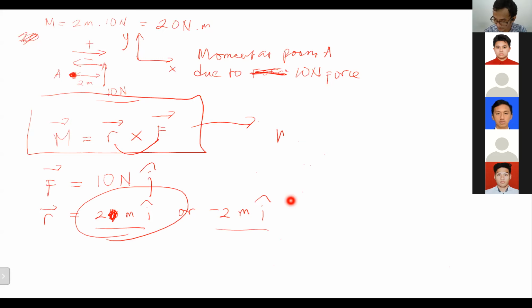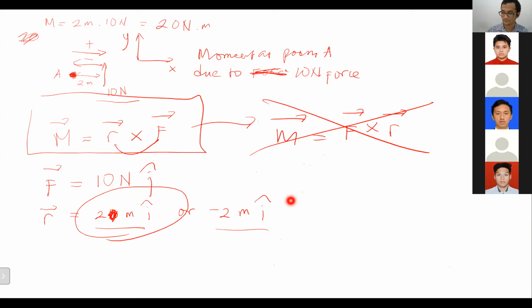So the moment is supposed to be R cross F instead of F cross R. This is completely wrong. Never use that. If the sequence is different, your positive and negative will be the opposites. Never use that one.